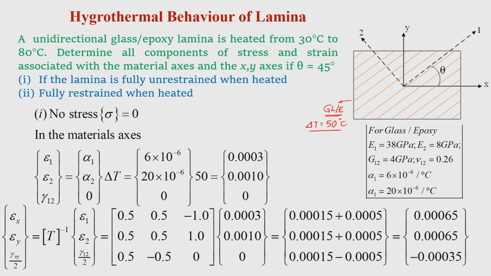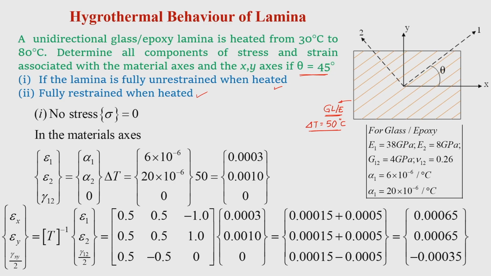Okay. So, we have to determine the components of stresses and strains associated with the material axis and global axis x y for theta is equal to 45 degree under two conditions. Number 1, if the lamina is fully unrestrained when it is heated and fully restrained when it is heated, that means in one case the lamina is free, in another case it is fully restrained.